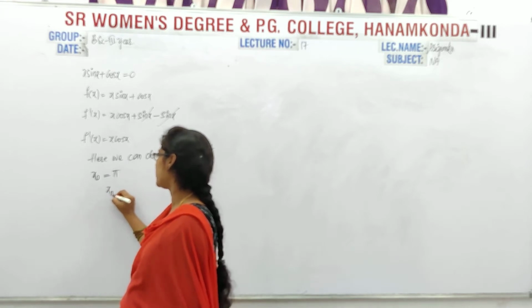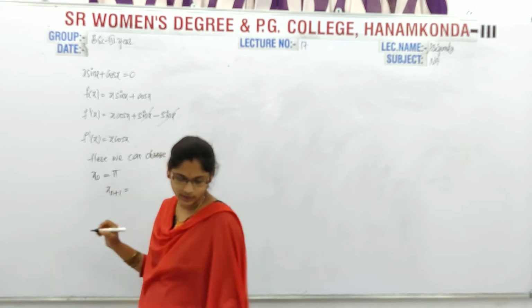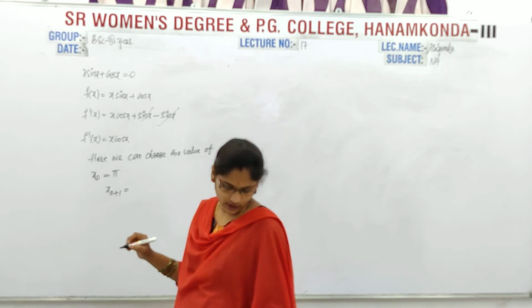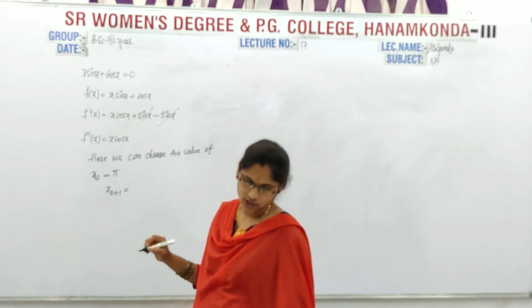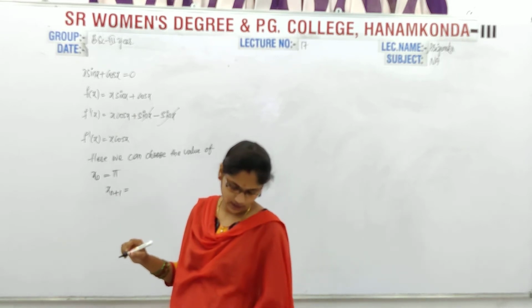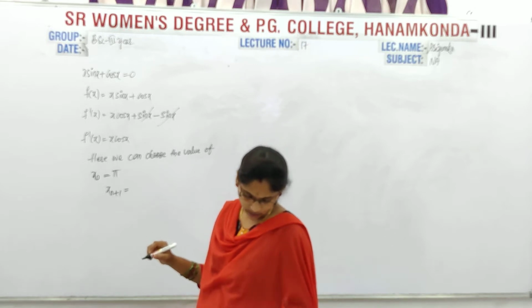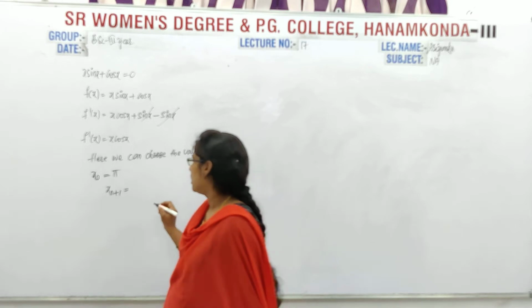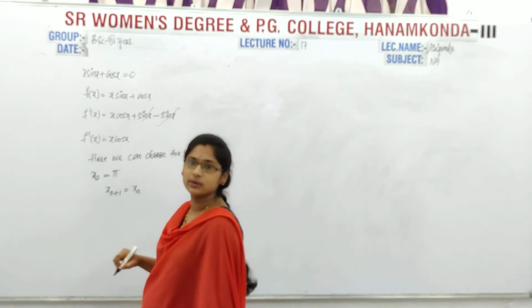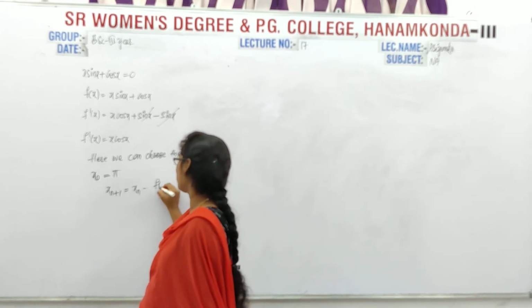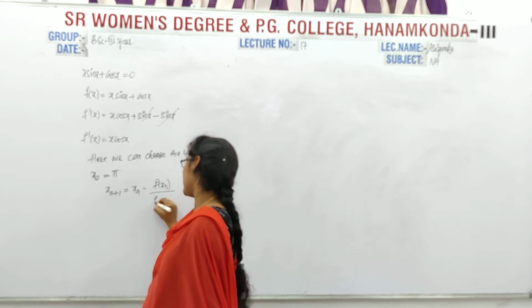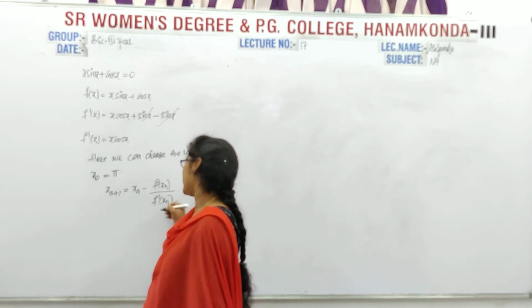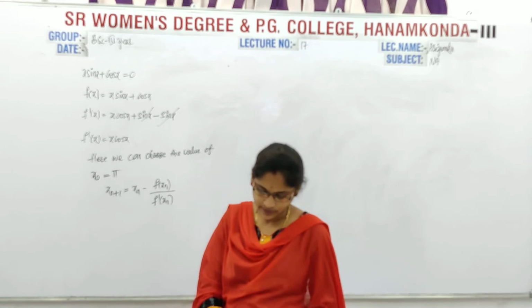The general formula is, as in the previous class where we discussed the applications of this Newton-Raphson method, x n plus 1 equal to x n minus f of x n by f dash of x n. So this is the formula.